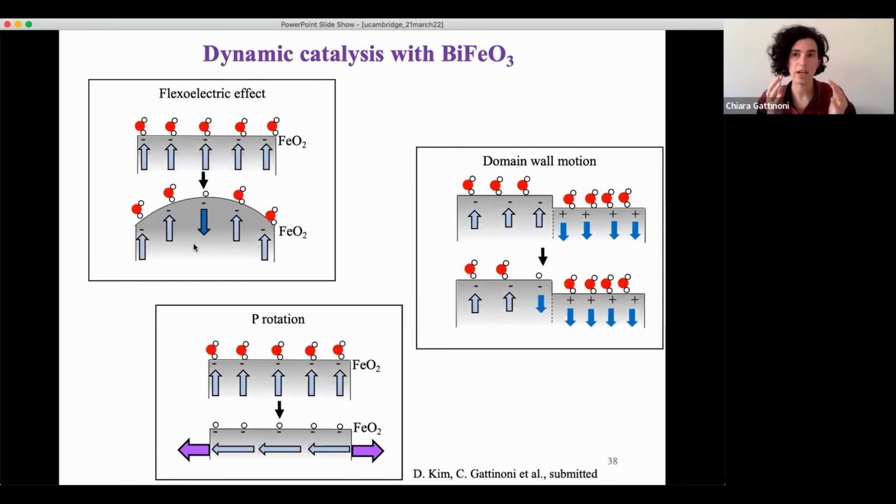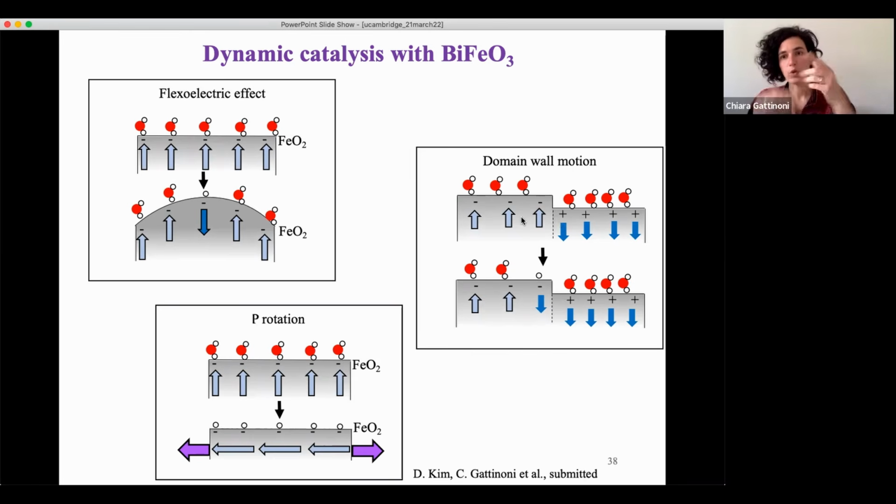If we have strain gradients, they've been found to be places where the polarization locally reverses. So you could have a happy system which becomes locally unhappy. The polarization could rotate in plane at very high tensile strains, although I'm not sure. I think this is the least likely. Or you could have a domain wall motion.